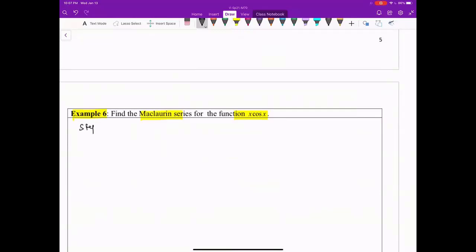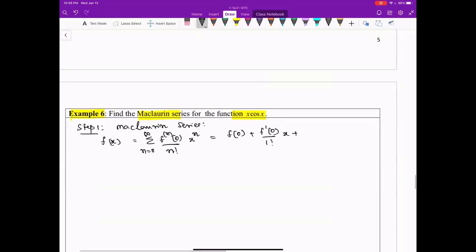The Maclaurin series is written as f of x equal to the sigma version: nth derivative at 0 over factorial n times x to the power n, and the expanded version is f at 0 plus f prime 0 over factorial 1 x plus f double prime 0 over factorial 2 x squared, and so on. This is the expanded version.